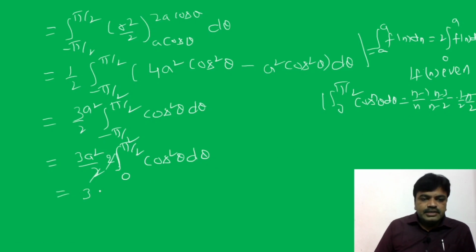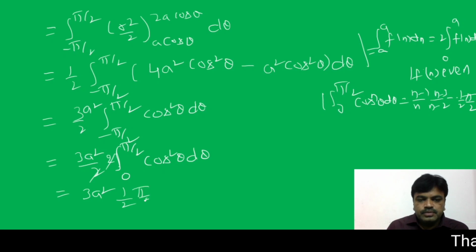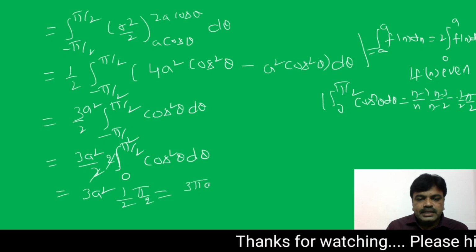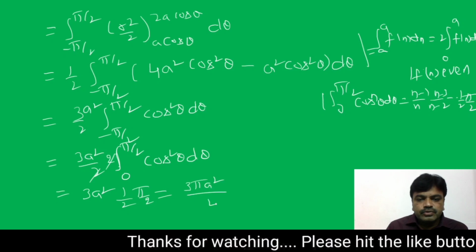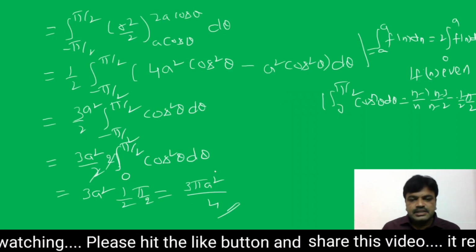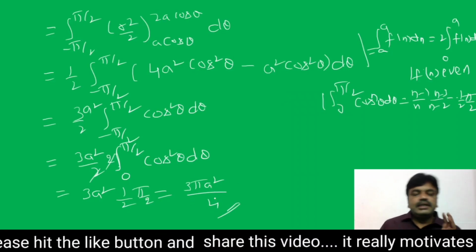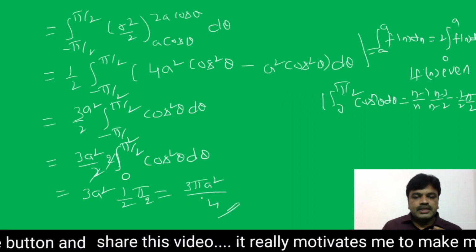So here we get 3a square, 1 by 2 into pi by 2. Finally we get 3 pi a square by 2 into 2, that is 4. This is the area of the bounded region: 3 pi a square by 4.